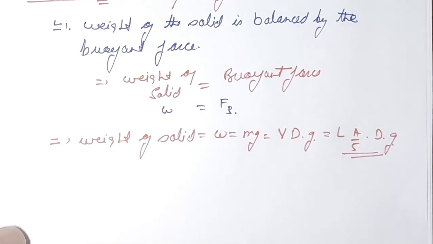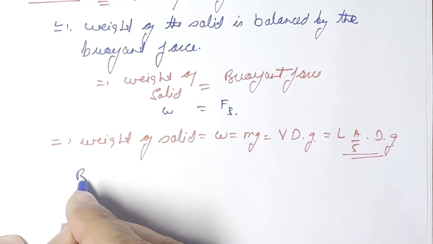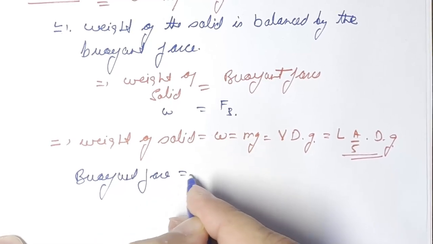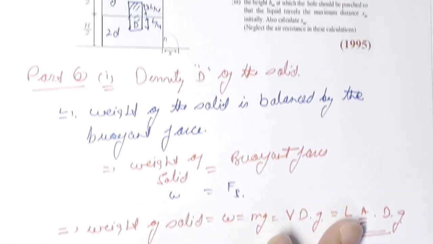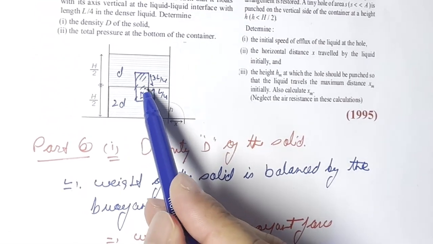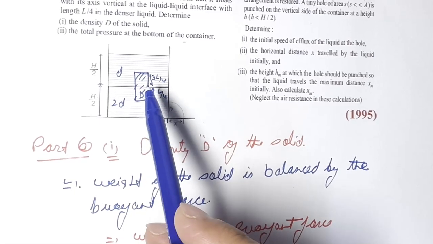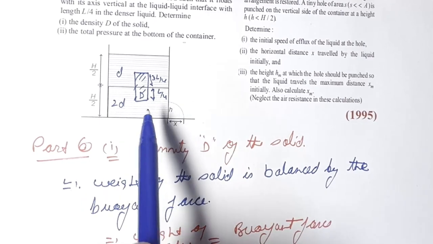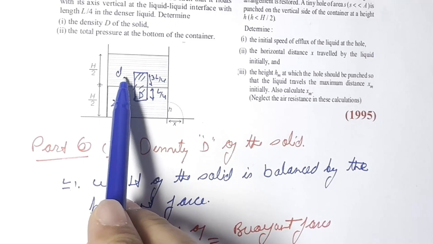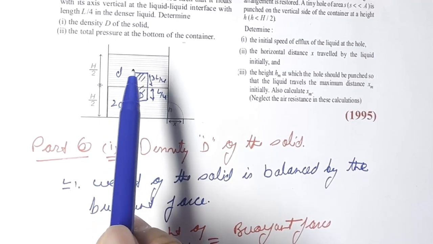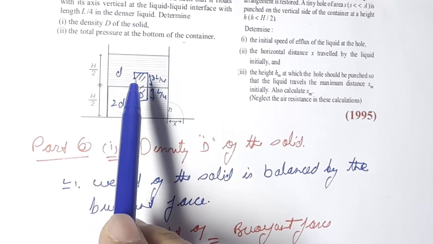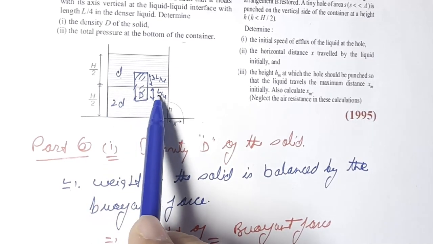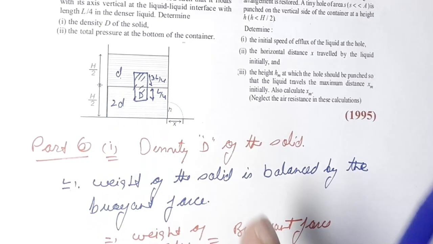Similarly, we can find out the buoyant force. Buoyant force, that is our FB. Now in this case, the solid is having buoyancy because of the two liquids having different densities. One is 2D and another one is liquid which is having a density D. Okay, so it means one buoyancy will be because of density D, another buoyant force will be because of density 2D.